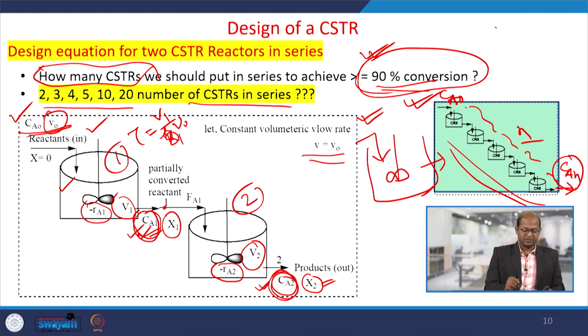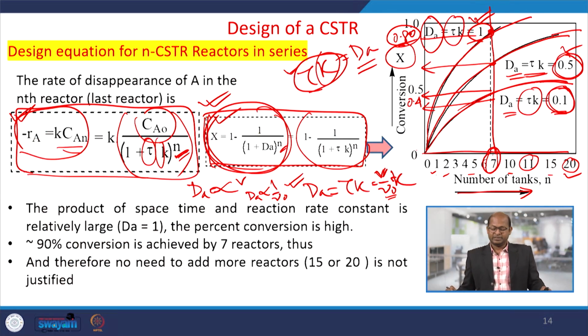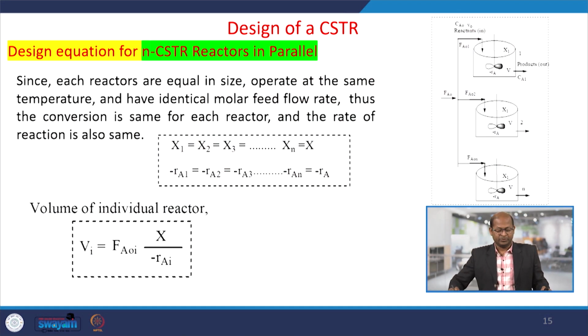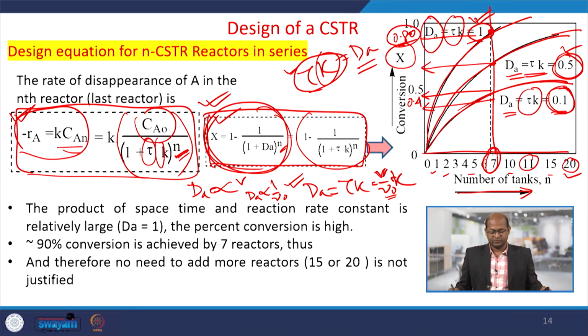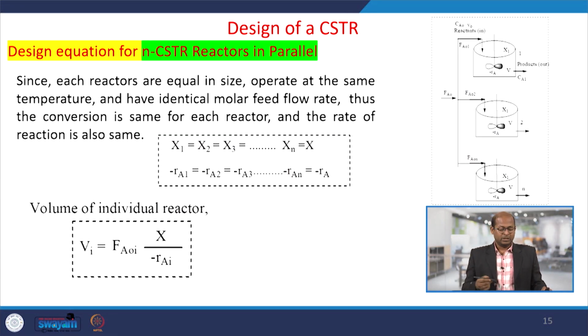Here the volumetric flow rates can be increased or decreased, and by that way we can change the Damköhler number, and thereby design the reactors, meaning how many reactors we need to get a desired conversion.